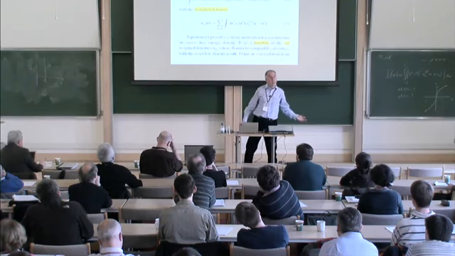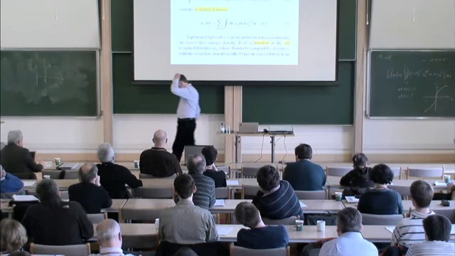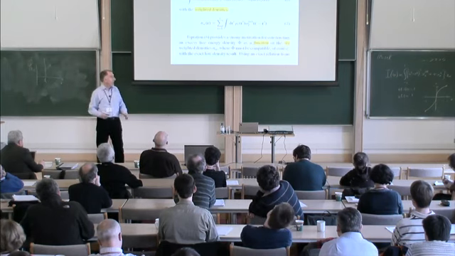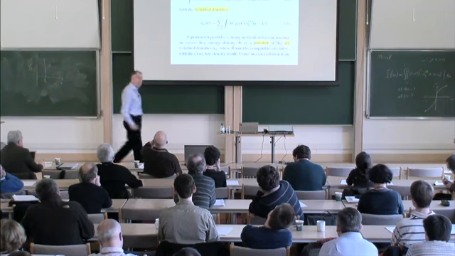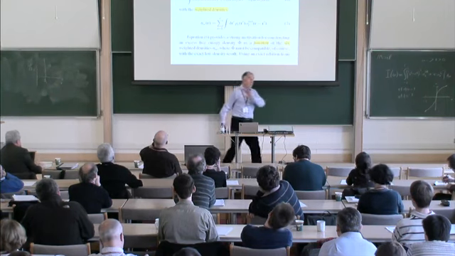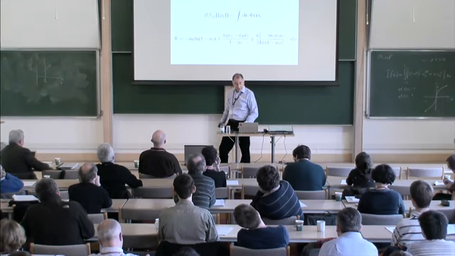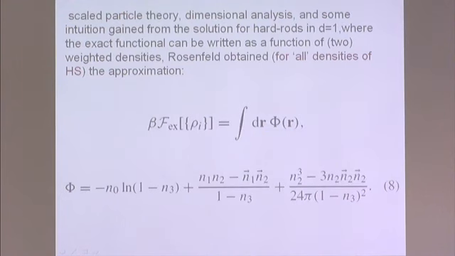And this motivated Rosenfeld to say, well, what happens for non-zero densities, at arbitrary densities? Can we write something very similar? And then comes intuition and tricks. First of all, he used an exact result from scale particle theory, mixed with a bit of dimensional analysis. It's a magician's box.